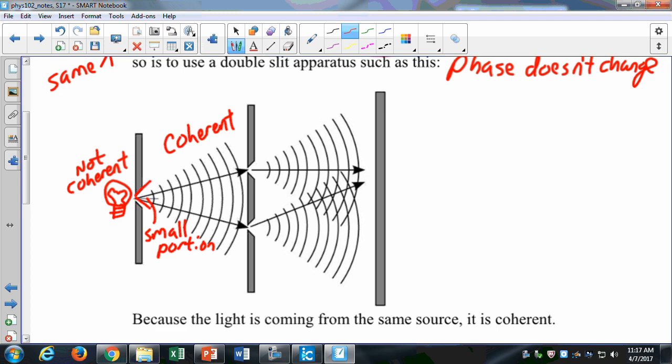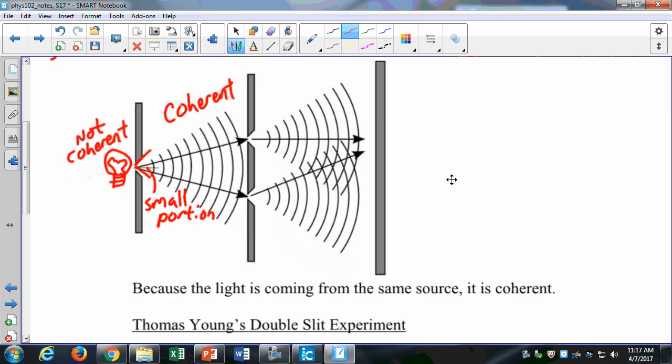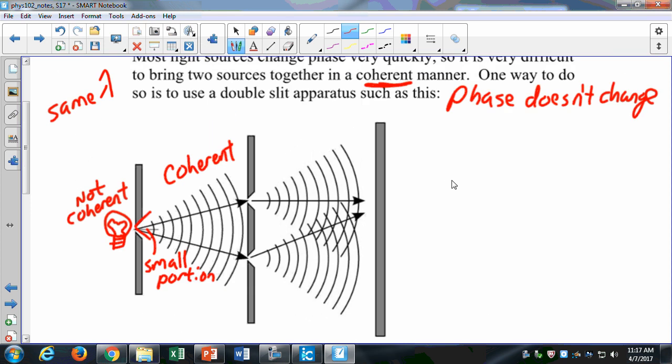So that's how we got coherent light sources prior to lasers. Now let's write this. Lasers also give a coherent light source, with coherent and constant wavelength.